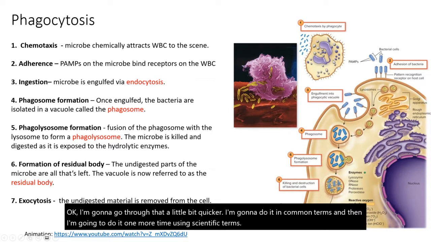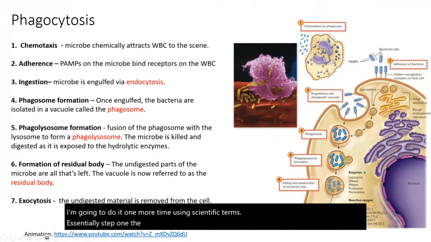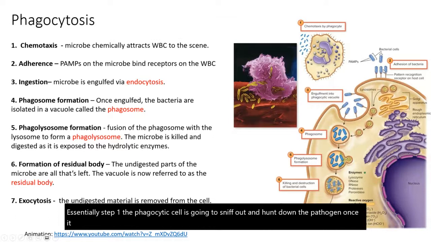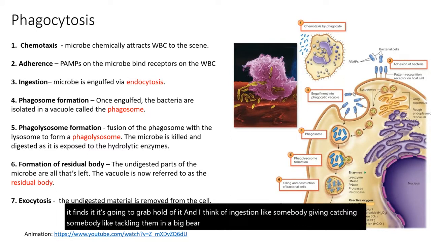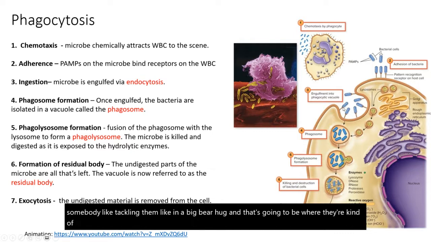So essentially, step one, the phagocytic cell is going to sniff out and hunt down the pathogen. Once it finds it, it's going to grab hold of it. And I think of ingestion like somebody catching somebody, like tackling them in a big bear hug. That's going to be where they're kind of ingesting them. Okay. Now think of it as that thief, that pathogen, is now in jail. Okay.